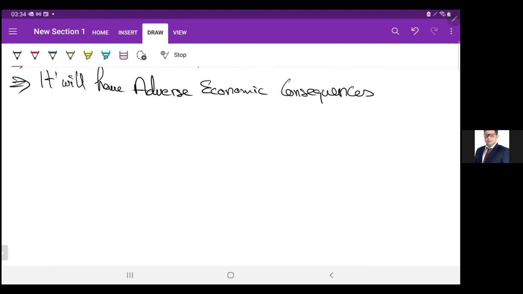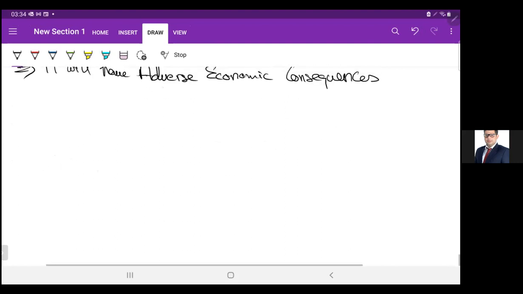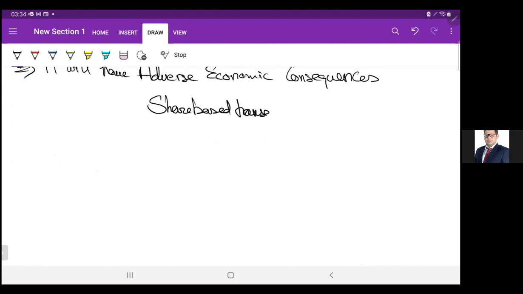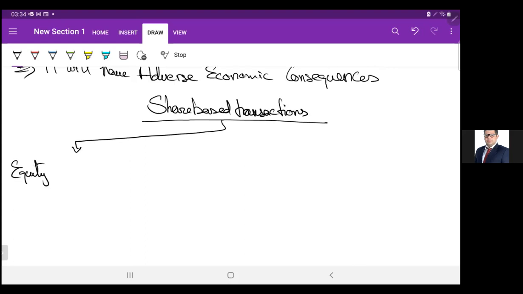Right, now we have two types of share-based payments, two types of share-based transactions, right? Number one, we have equity settled share-based payment.